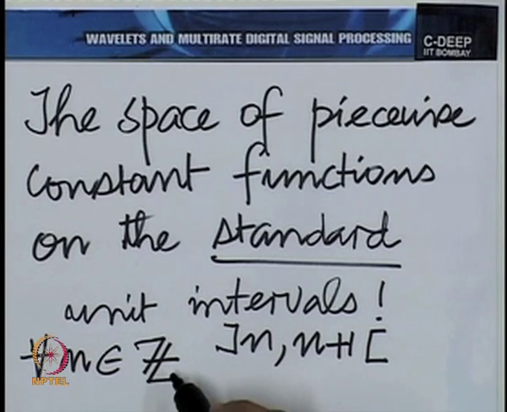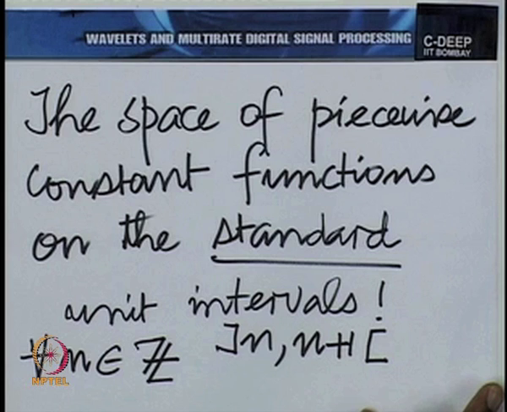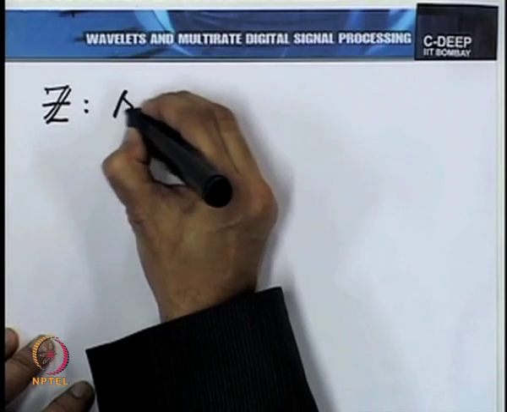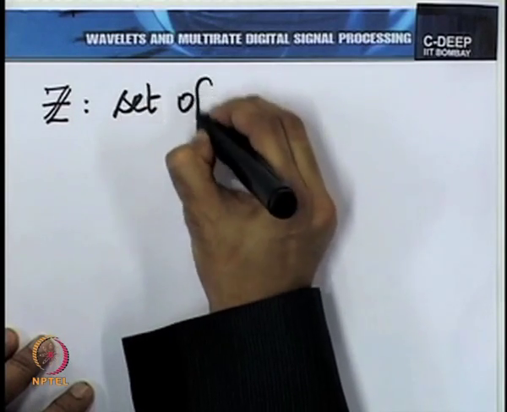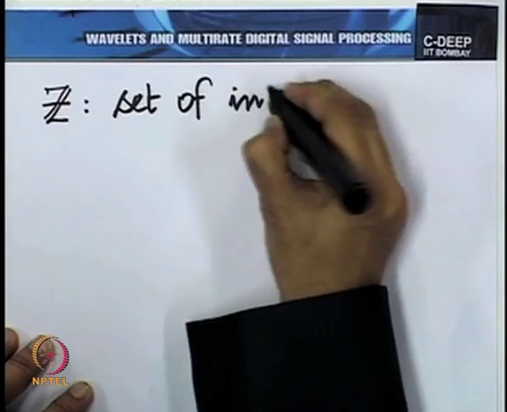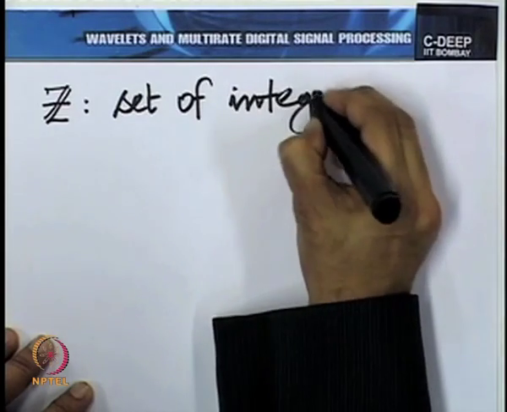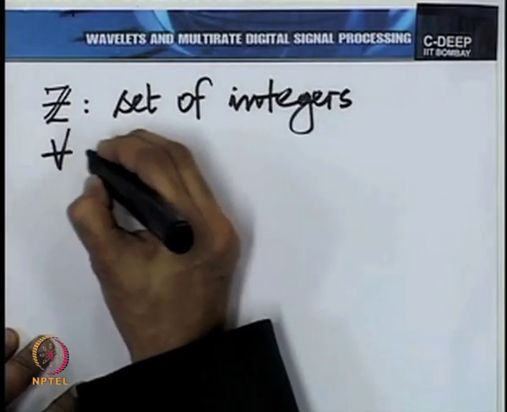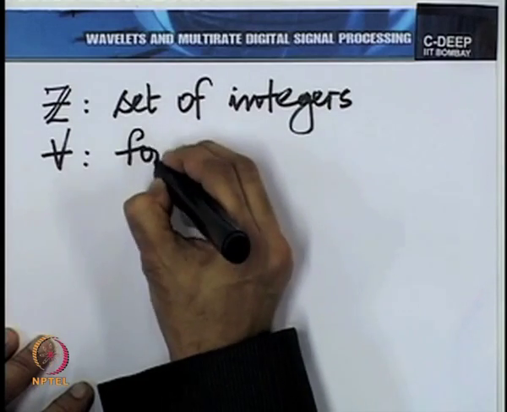So, this notation script Z would in general in future refer to the set of integers. So, I think we should make a note of this. Script Z is the set of integers. And this refers to for all.